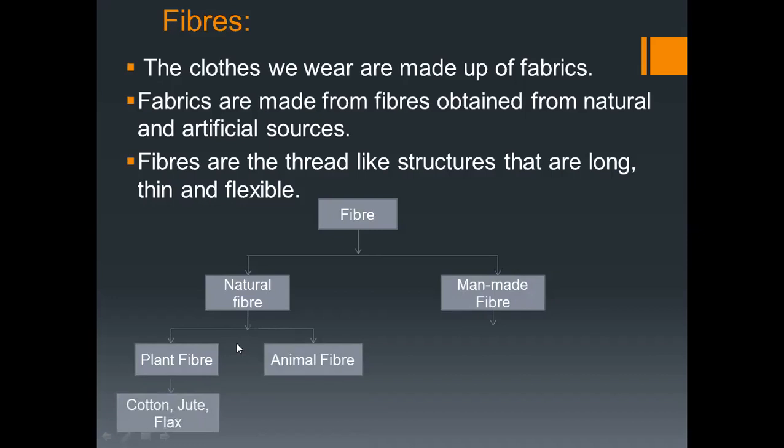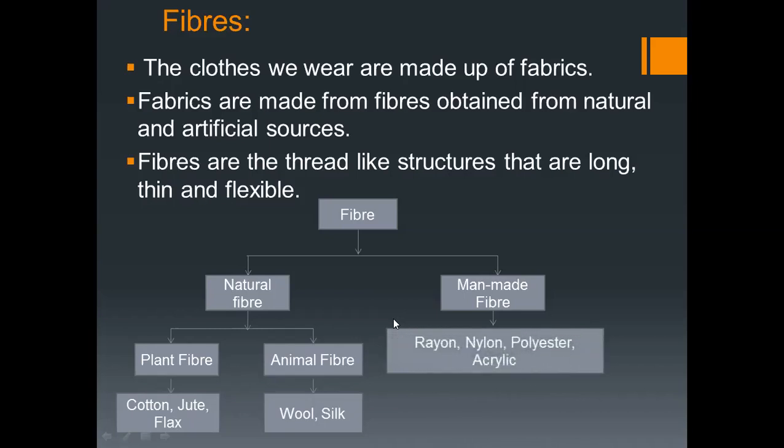Some examples of plant fibers are cotton, jute, flax, etc. Examples of animal fibers are wool, silk, etc. Some examples of man-made fibers are rayon, nylon, polyester, acrylic.